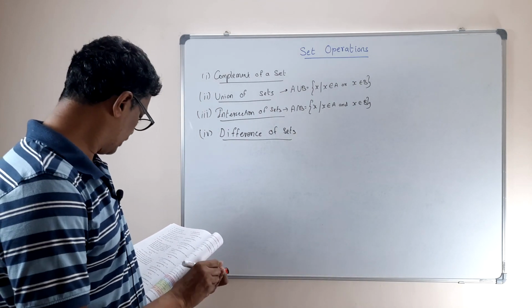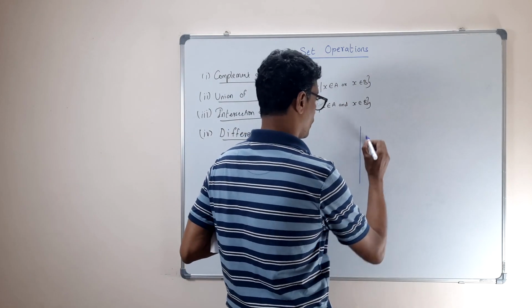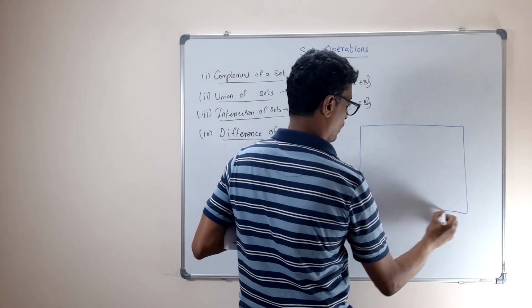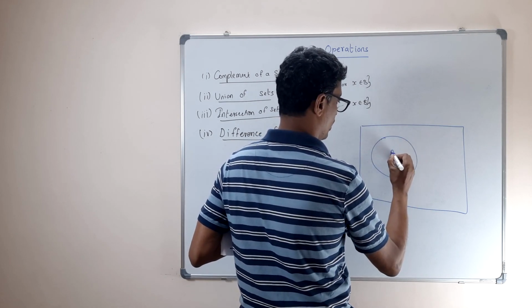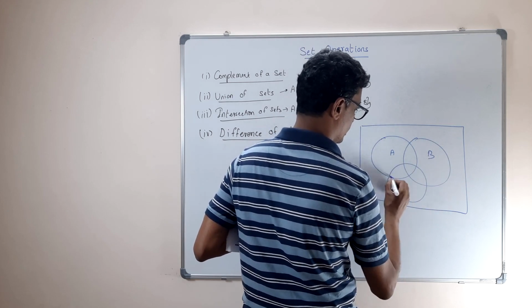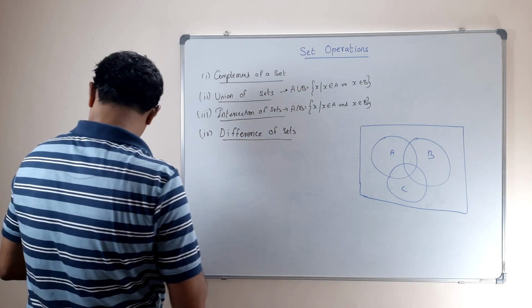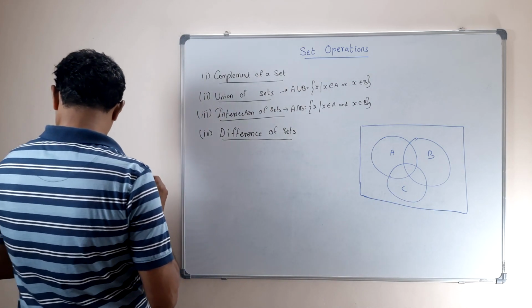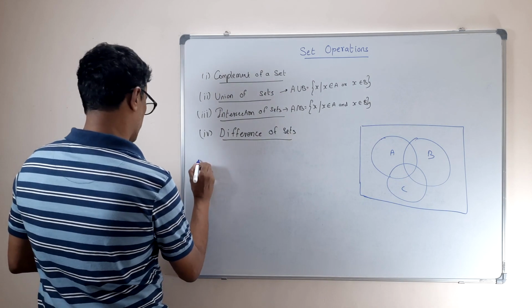Okay, so now what they have given is, let us write A, B, and C. This is the way they have written it; let us prove this.